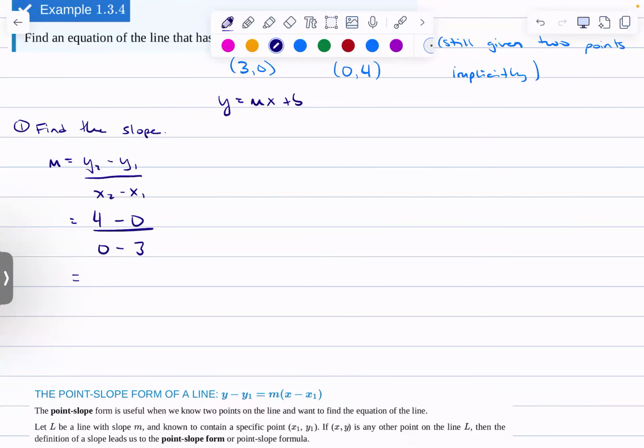4 minus 0 is 4. But then don't forget that negative. So I get 4 over negative 3. Usually what we do is, mostly so that you're not missing it, we either float this negative out front or onto the 4. Depends on how I'm feeling, or whatever looks best. For me, I usually put it on the 4 instead. So this negative is allowed to float around as long as you only have 1, right?